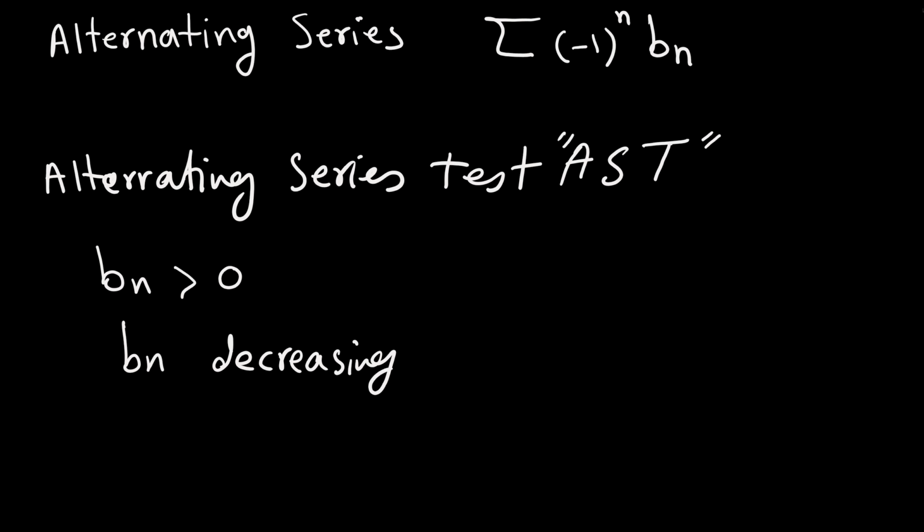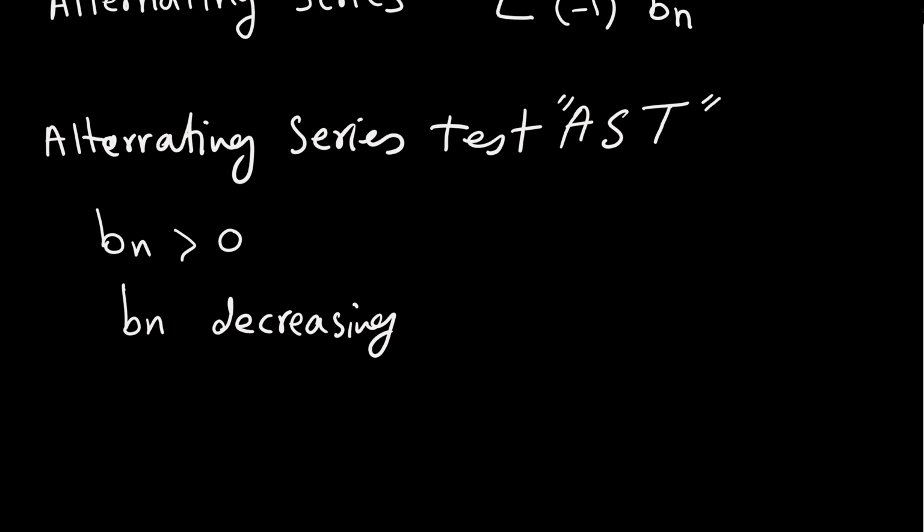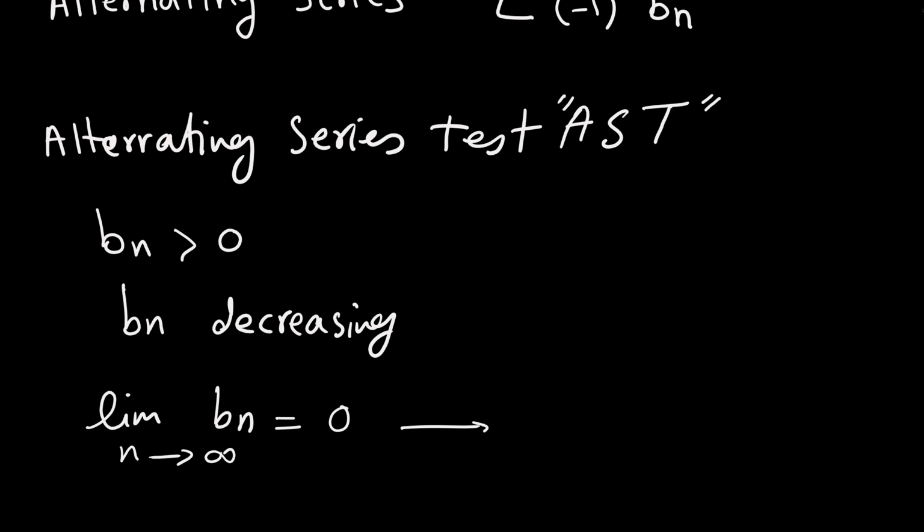So b_n is monotone decreasing. And all terms are positive, then if the limit of b_n when n approaches infinity is 0, then you can conclude that the series converges. Then sigma (-1)^n b_n converges.